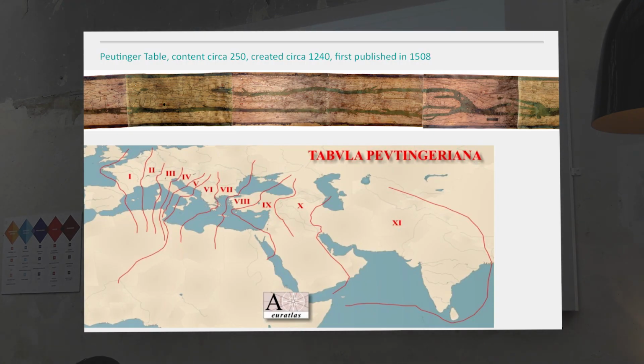So the Peutinger table illustrates how transportation diagrams benefit from a distortion that focuses on the network. The original is a set of 11 sheets that are about 1 foot high, and altogether it's 22 feet long. So that strip that you see along the top, this is the Peutinger table or the Peutinger map.